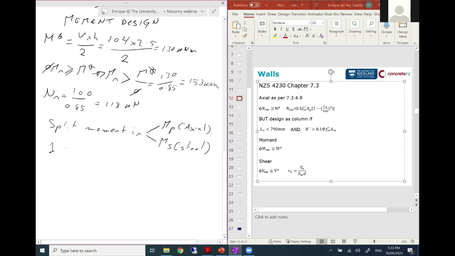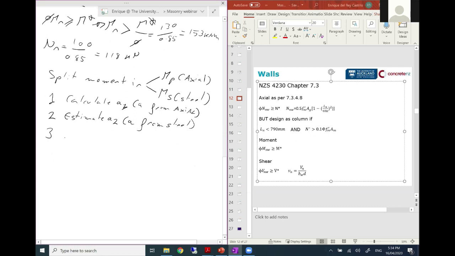So the first step is to calculate A1. This is the A coming from the axial load. Then point 2 is to estimate A2, which is the A from the steel, by similar triangles. We will see that.